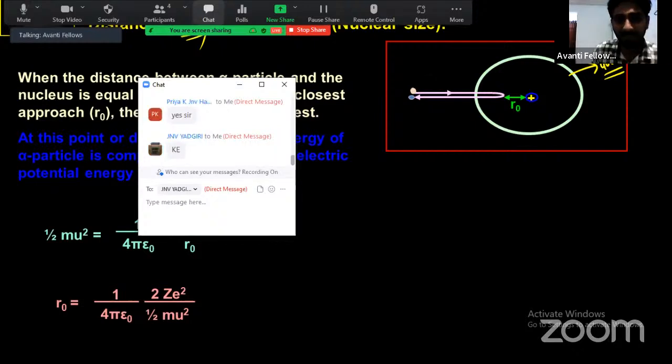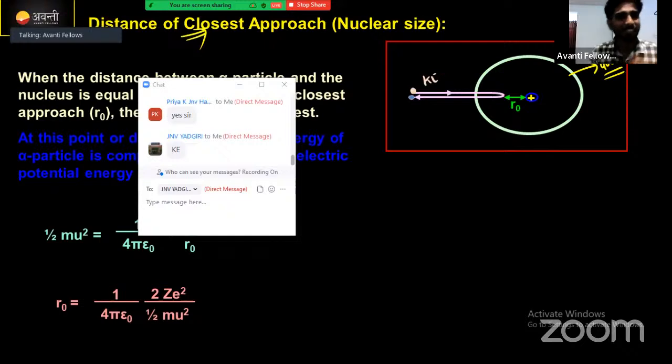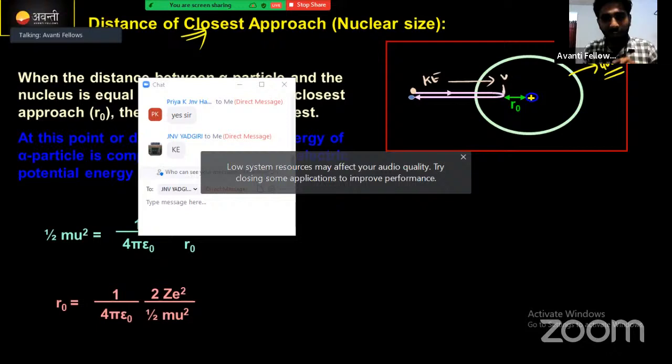As it moves towards the nucleus, at one certain point, the last point, its velocity is 0. When velocity is 0 at this point, the kinetic energy value is also 0. But while it is moving towards the nucleus, the kinetic energy keeps on decreasing.